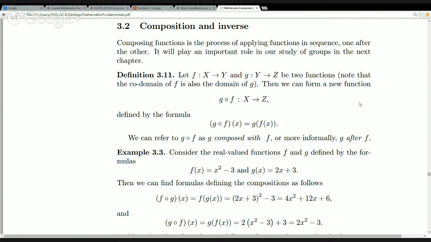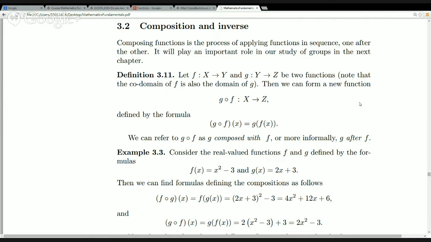And a very important operation between functions or between mappings is this idea of composition. It's something that in one way is extremely familiar to everybody, even everybody out on the street, even all the non-mathematicians out there in the world.